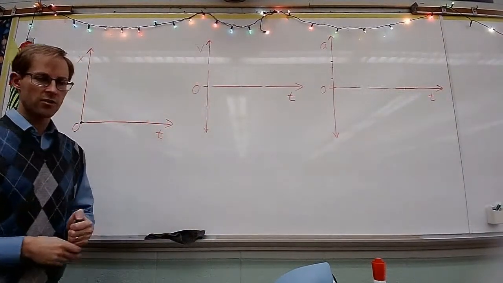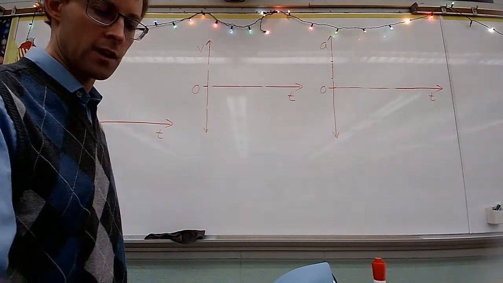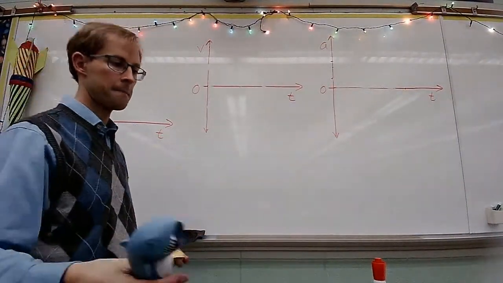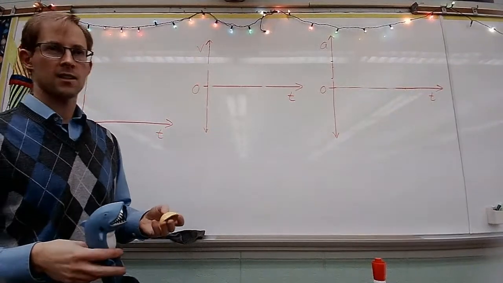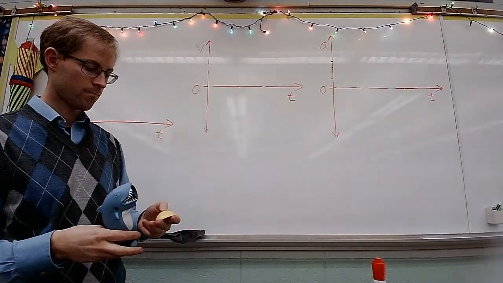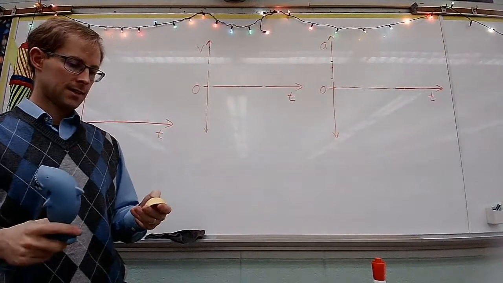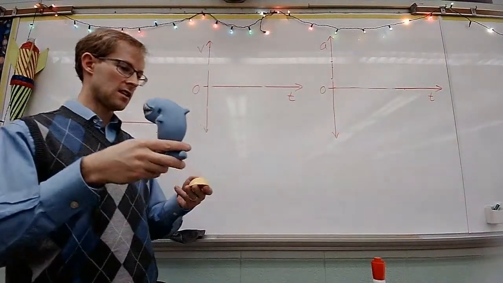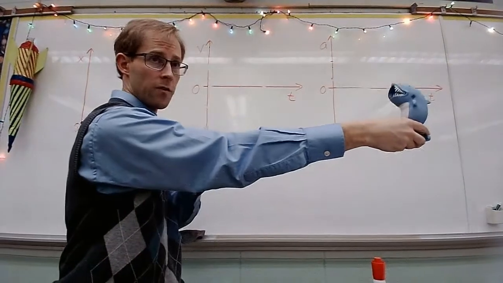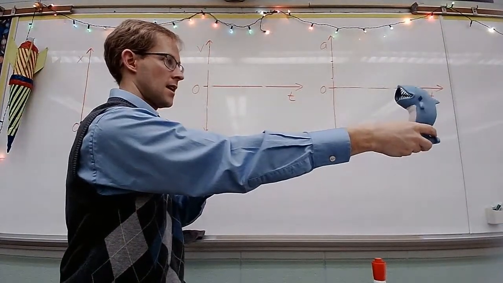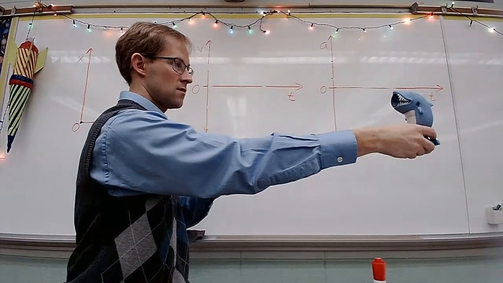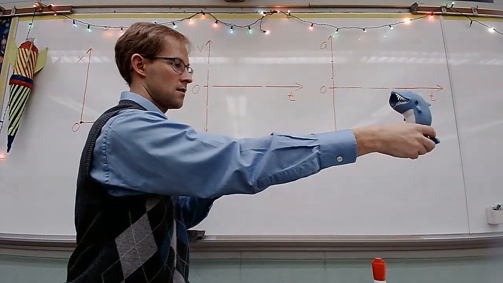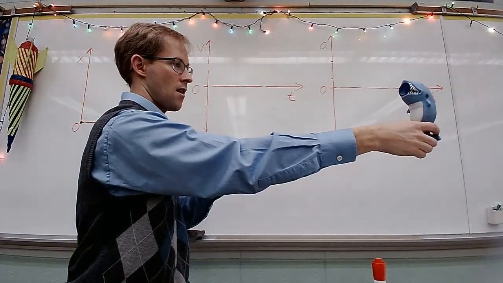Let's try another scenario where the shark is changing speed. Let's say that time begins. He starts away from the origin here, and we'll say that time begins right now.